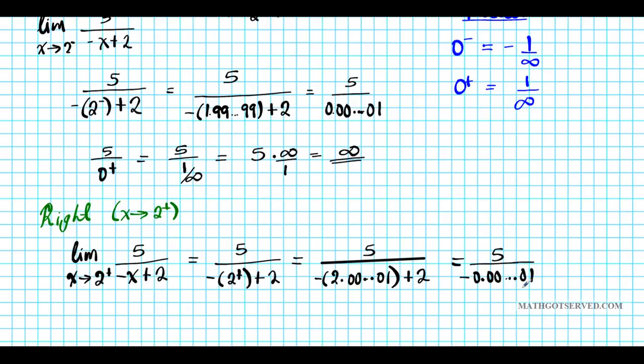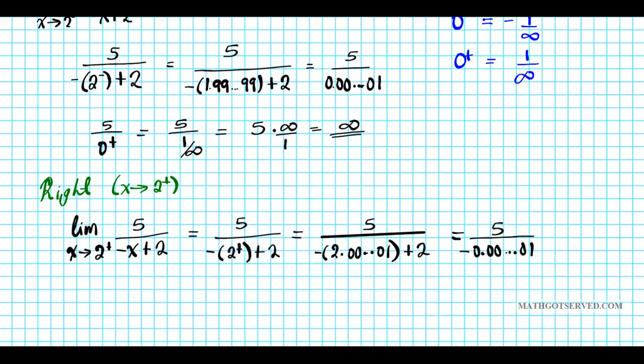Now, what kind of number is this? This is the smallest positive, the biggest negative number. You're getting infinitely close to 0 from the left. How do you express a number that's infinitely close to 0 from the left? You express that as 0 from the left.